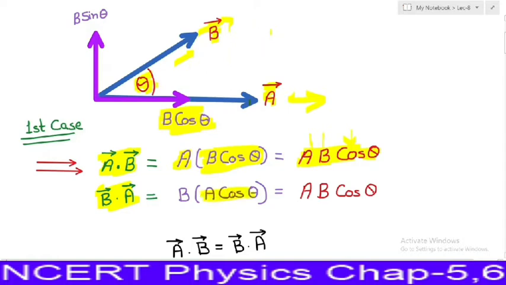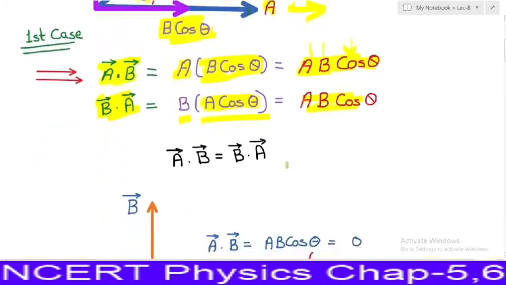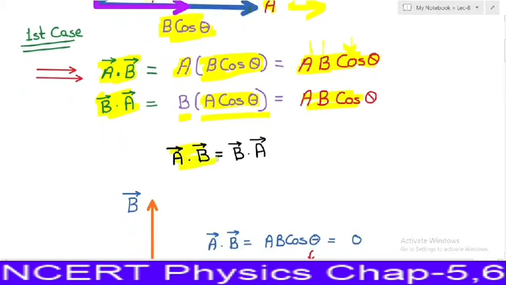And if we take dot product, that is b dot a, so it would be magnitude of b, that is b, and magnitude of component of a in the direction of b, and that is a cos of theta. So finally b into a cos of theta is again equal to a b cos of theta. So here we observe that a dot b is equal to b dot a.